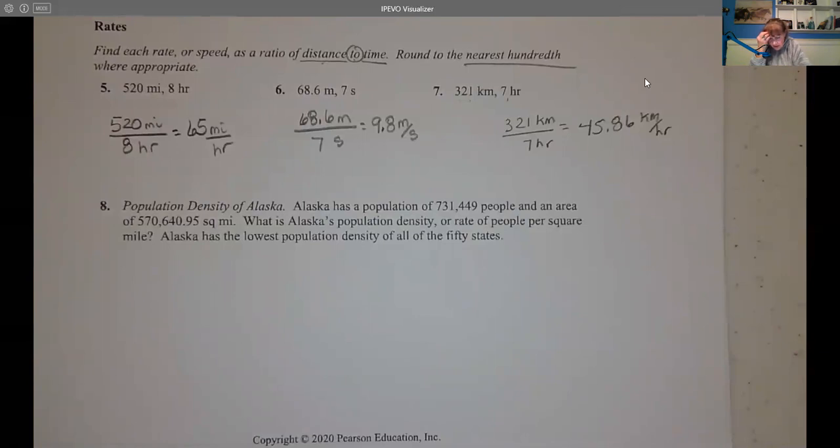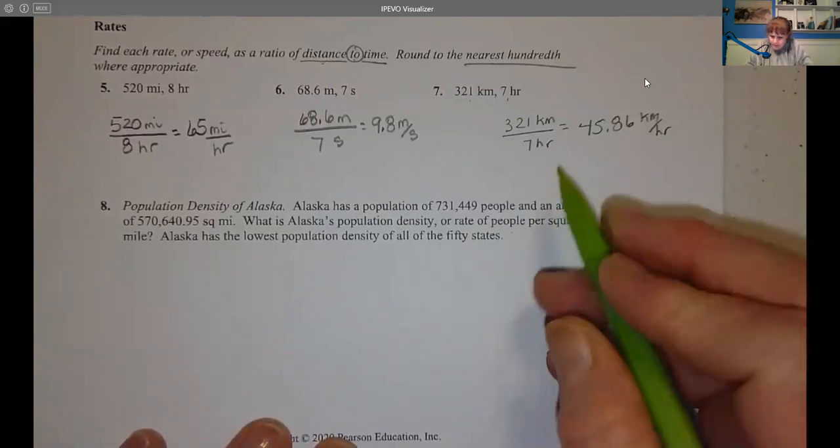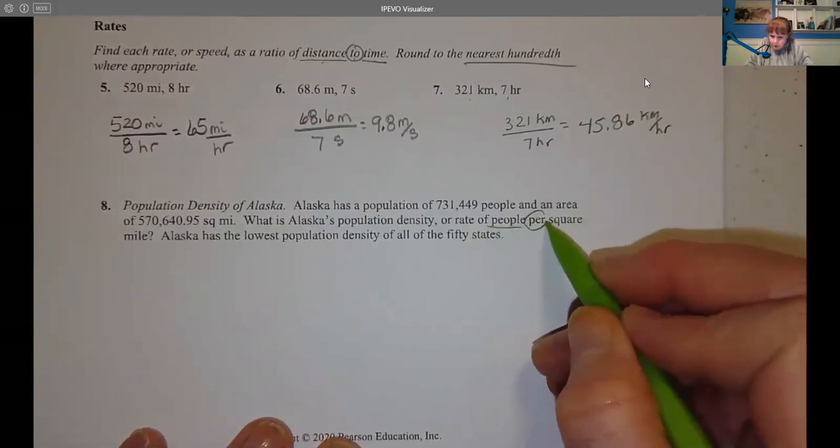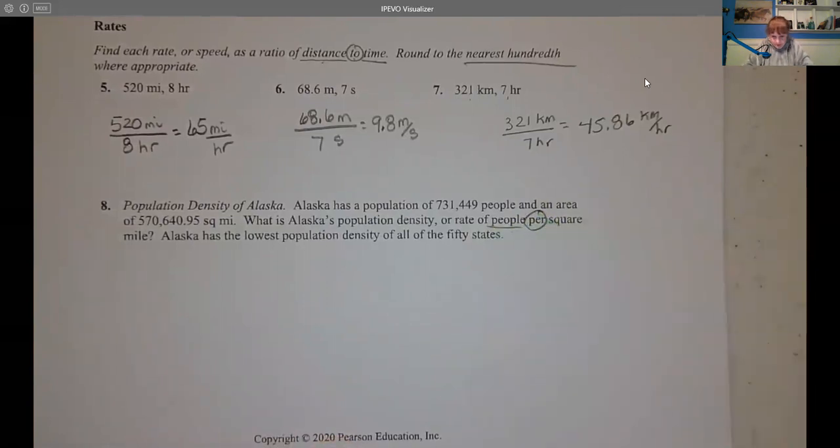So density is also a rate, it's a ratio. In your chemistry class, the density is the mass per unit volume, so you'll have units like grams per cubic centimeter or kilograms per cubic meter. But our density is going to be the rate of people per square mile.